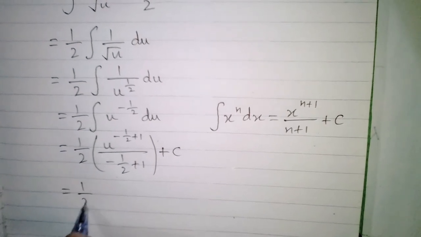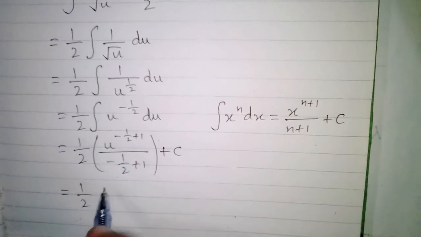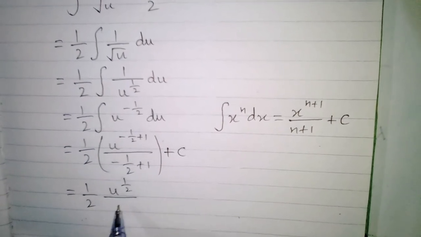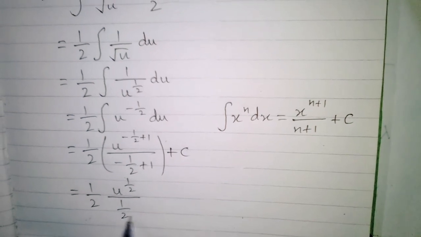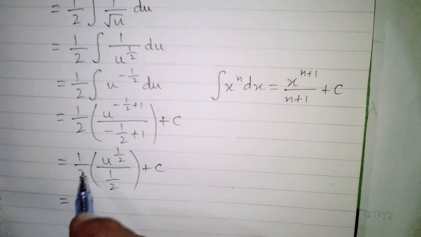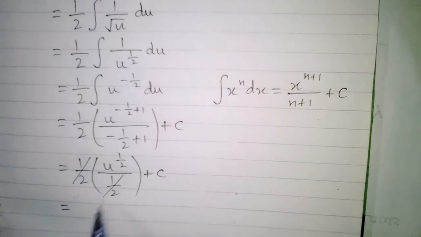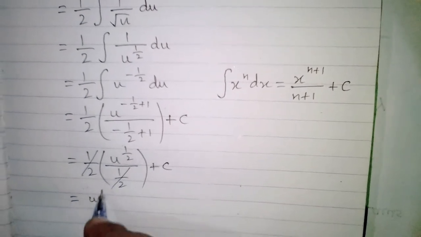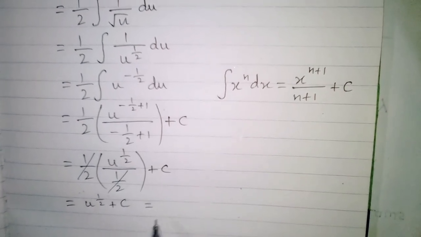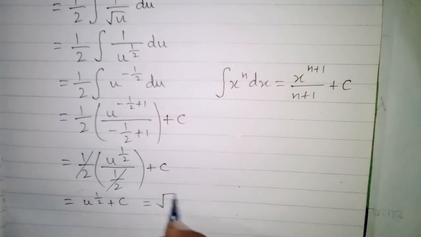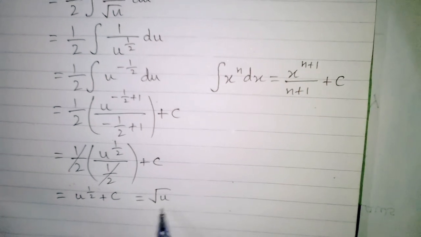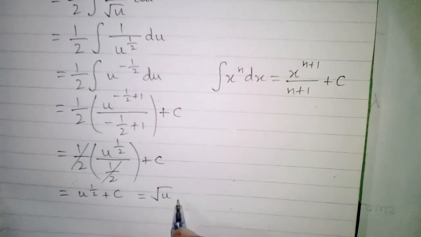Now we will write half, and then minus half plus 1 is half, and in the denominator we also have half. So this half and half will cancel out, and we have u to the power half plus c. And now we can write square root of u, because we know that if something has power 1 upon 2, it means square root of that thing.